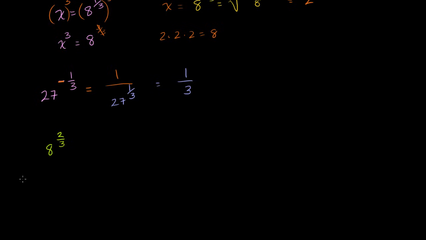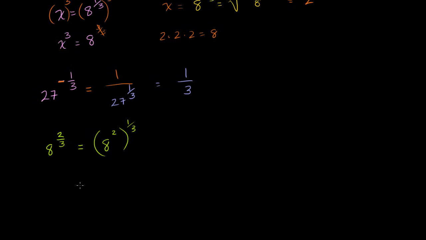Now that seems a little bit scary. And all you have to remember is this is the same thing, using our exponent rules, as 8 squared to the 1/3 power. How do I know that? Well, if I multiply these two exponents, this is 2/3. So 8 to the 2/3 is the same thing as 8 squared, and then the third root of that.